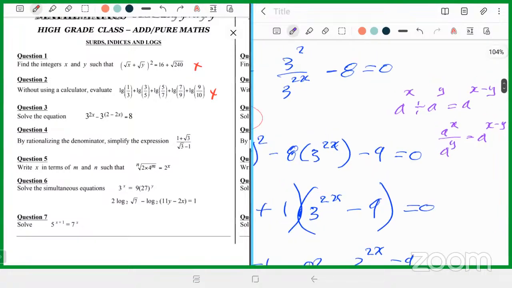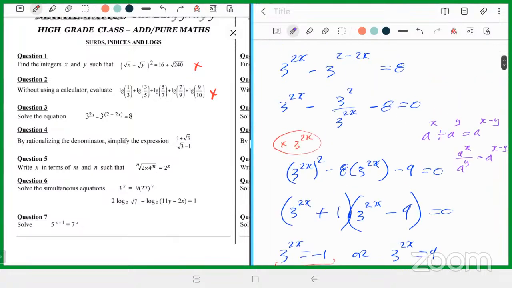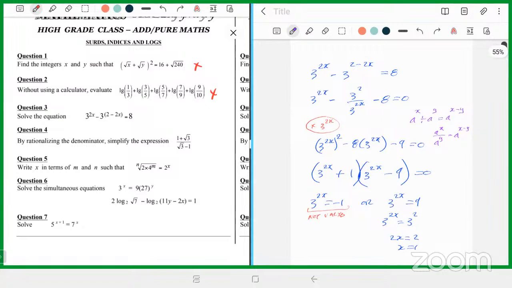So give me one minus power up here, in the question. I'm going to say it's equal to this. The minus means divided by 3 to the 2x. That's it, because you have to know the laws from left to right and right to left. You cannot do logs and indices unless you first know the laws in both directions.